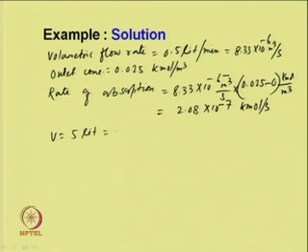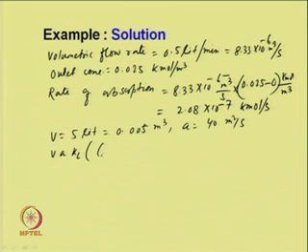Now, V is given as 5 liter, which is equal to 0.005 meter cube, and the interfacial area is 40 meter square per meter cube. So, we can calculate the mass transfer coefficient: K_L a V (C equilibrium minus C) is equal to 2.08 into 10 to the power minus 7 kmol per second.